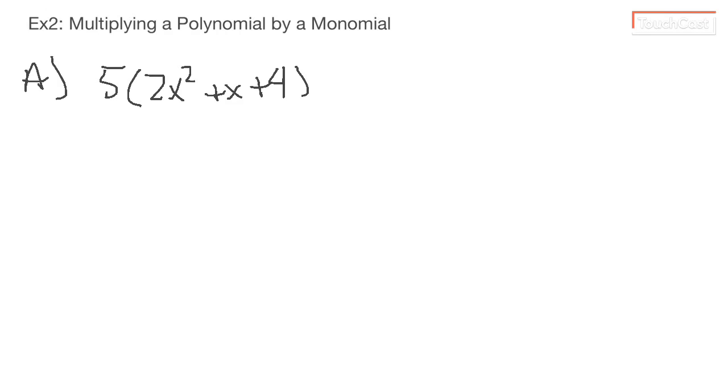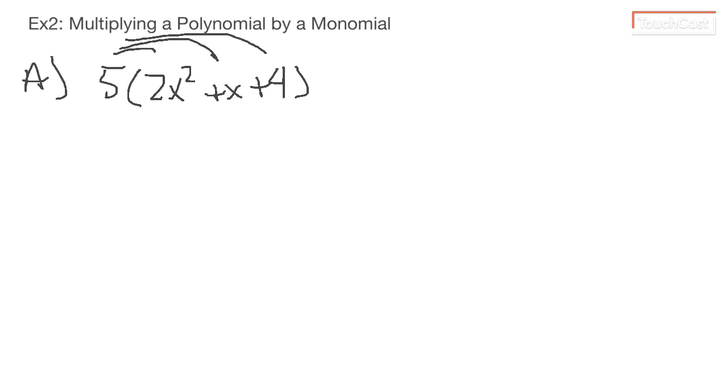In our first one, 2a, we're going to have 5 times 2x squared plus x plus 4. So in the case of multiplying a polynomial by a monomial, all we're going to do is use the distributive property, and we're going to multiply everything in the parentheses by what's on the outside.